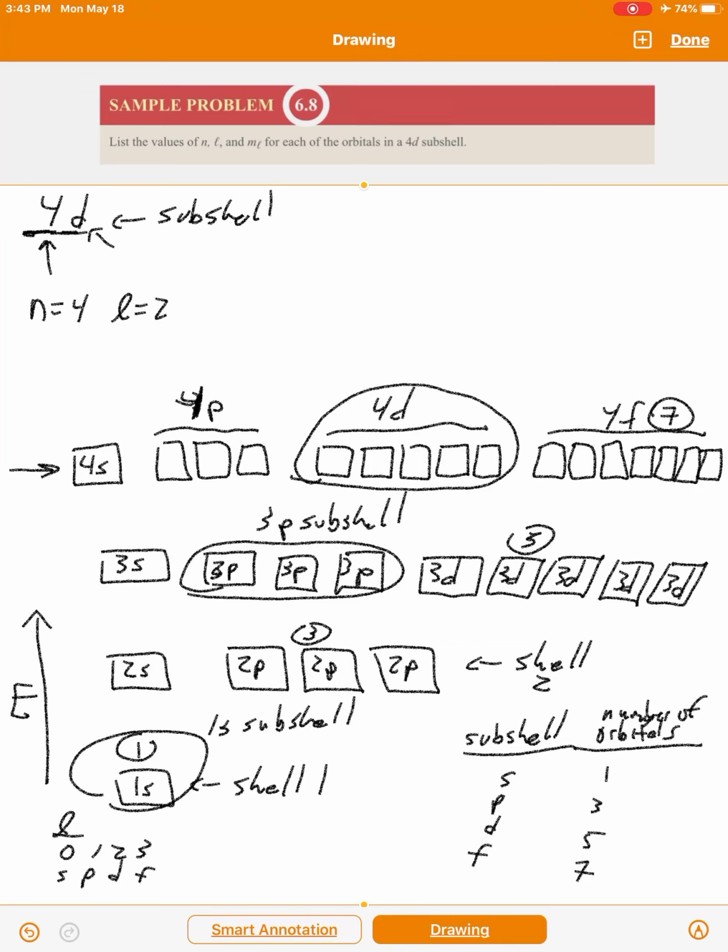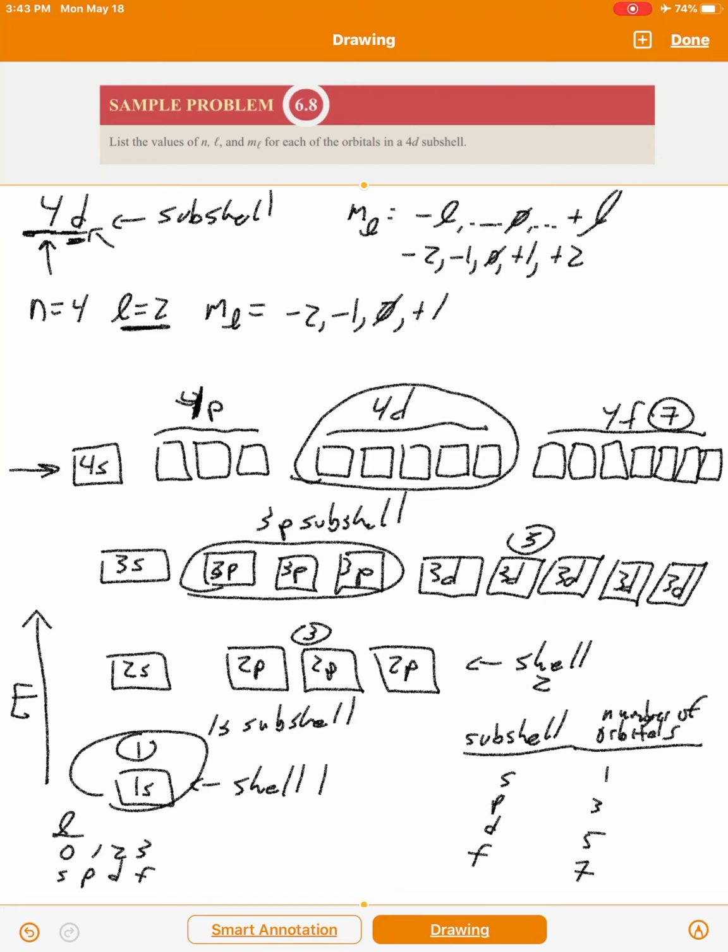Now, to figure out what m sub l could be, we have to go back to what we covered in the previous section, which is that m sub l goes from minus l, up through 0, and then up to plus l. We already know l is 2 because of the D, so it goes from minus 2 up to plus 2. So m sub l is minus 2, minus 1, 0, plus 1, or plus 2.